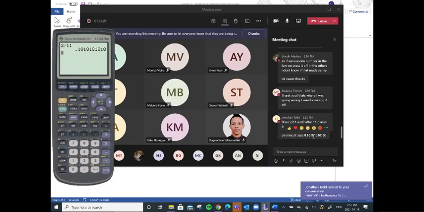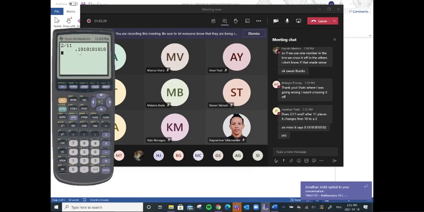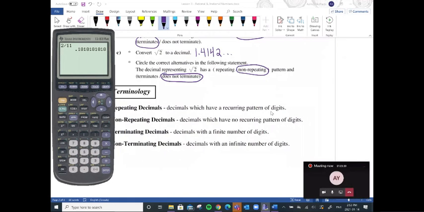Okay, do you have an 84 calculator? Yeah, okay, so the 84 might show you maybe one more decimal place in there. Very good question. This is where you have to get used to the calculator, so that's awesome that you brought that up. Let me show you what he's talking about.